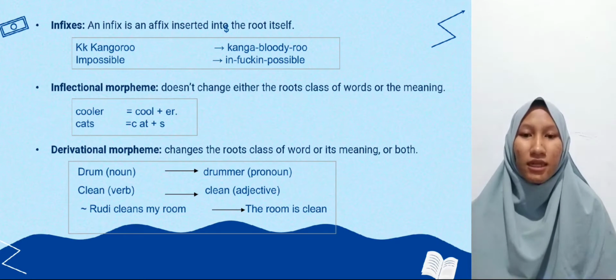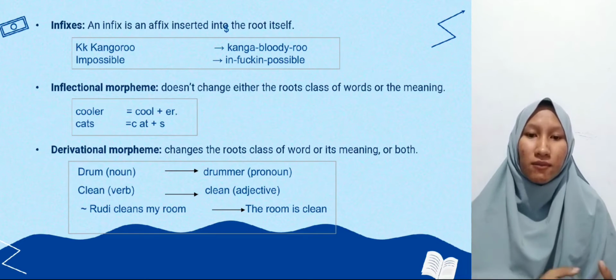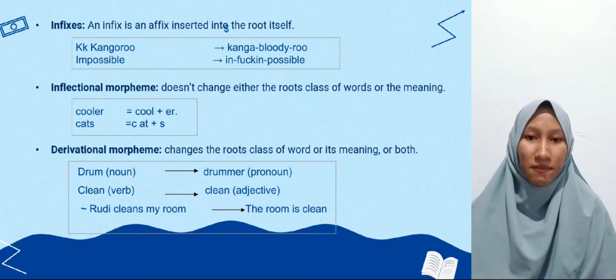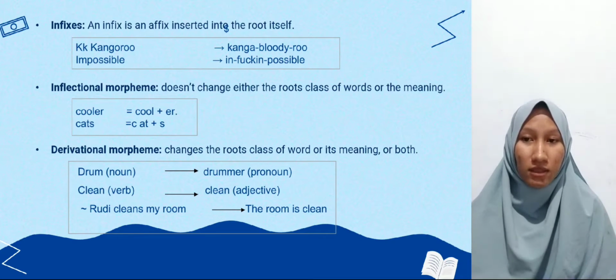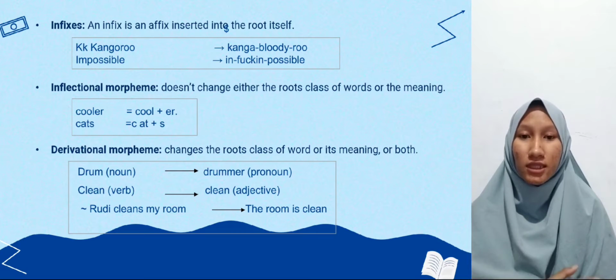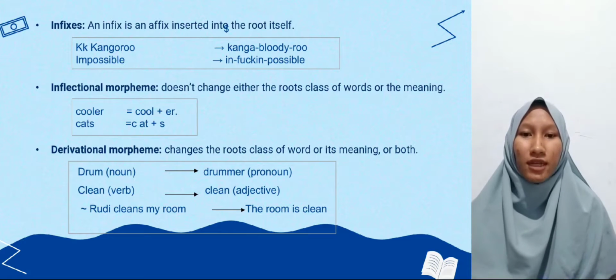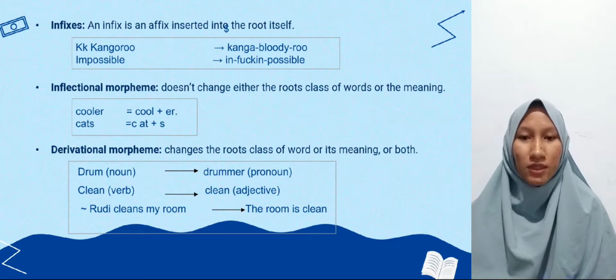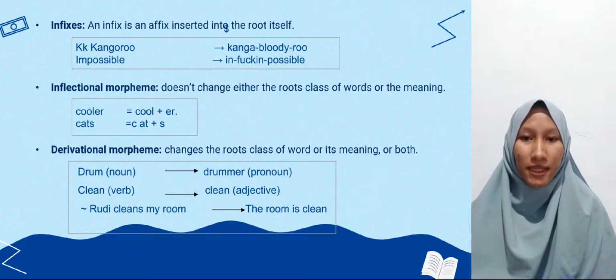Okay, so the next is derivational morpheme. This morpheme changes the word class or the meaning of the word or both of them. Here is the example. Drum as a noun, if you put er at the end, it becomes drummer. But the function becomes different. It becomes a noun for a person. For the next example, clean with clean. There is no change in the word, but the function of the word is different.